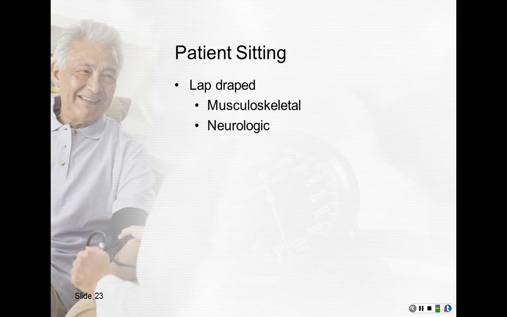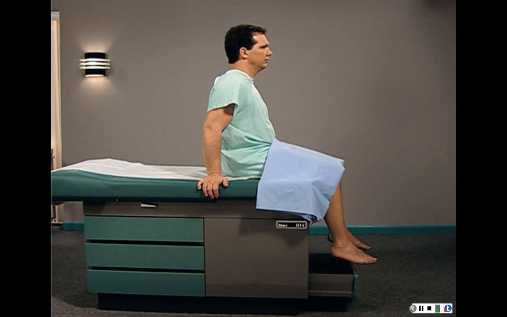With the patient sitting with a lap draped, this is a good time to perform musculoskeletal and neurologic inspection. Of course, the testing of cranial nerves, and also many of the lower extremity testing with musculoskeletal, as well as shoulders.